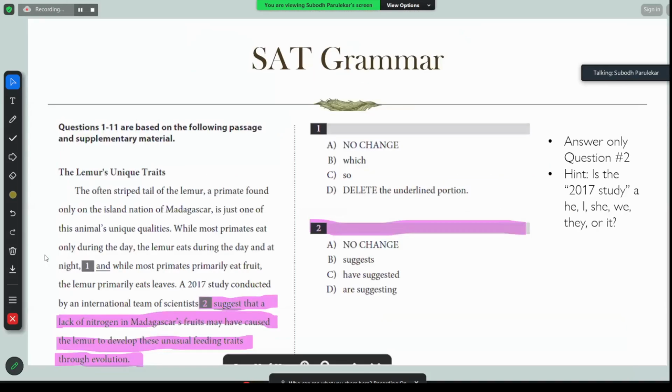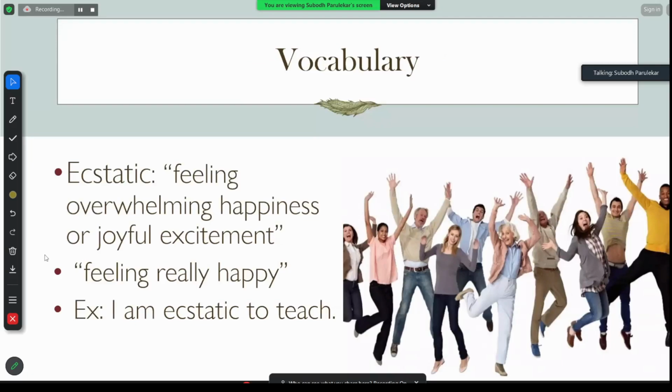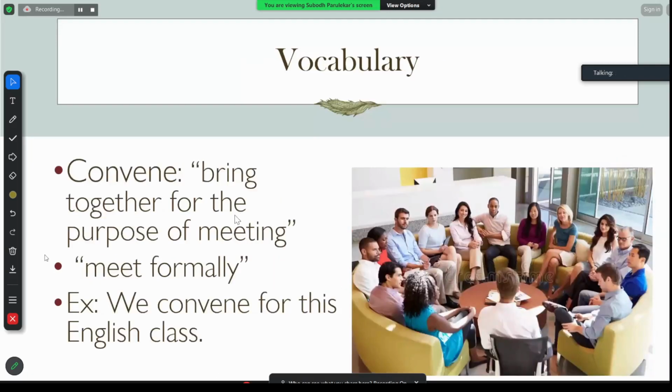We can go back to see the meaning. It's when people come together to meet formally. So right now we are convening for this English class. We're coming together for the purpose of meeting.